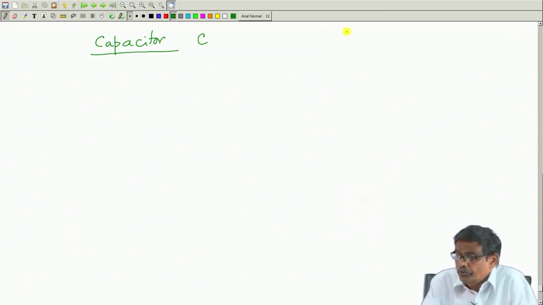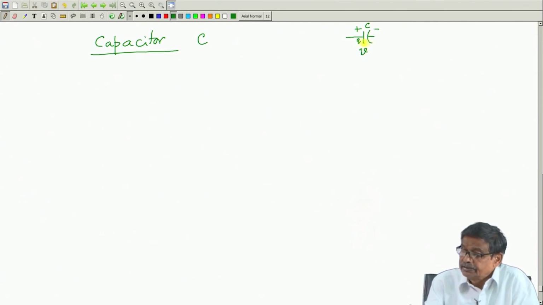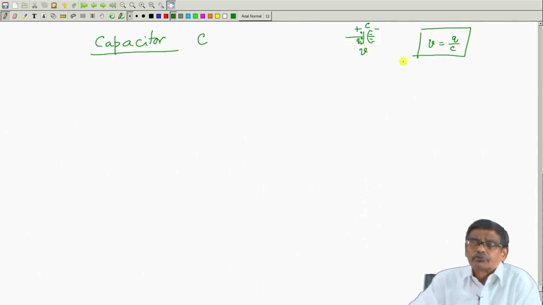And we know from our school days that the voltage across the plates of a capacitor, if you denote it by V with this plus and this minus, and the capacitance value is C, and the charge on the plate of the capacitor is Q, with one plate plus and the other plate minus, then with this polarity marking V is equal to Q by C. From our school days we know this.